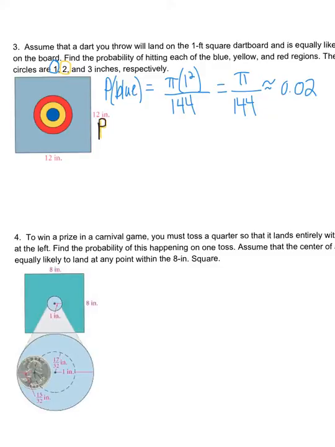So the probability of the yellow region would be, like I said, the area of the yellow circle, which is going to be pi r squared, but now our radius is 2. But then I have to subtract off the area of the blue circle, which would be pi r squared, where r is 1 because the radius of the blue circle is 1. We did that up here, which just came out to be pi. And that's all still going to be over 144 because the total region's area is 144.